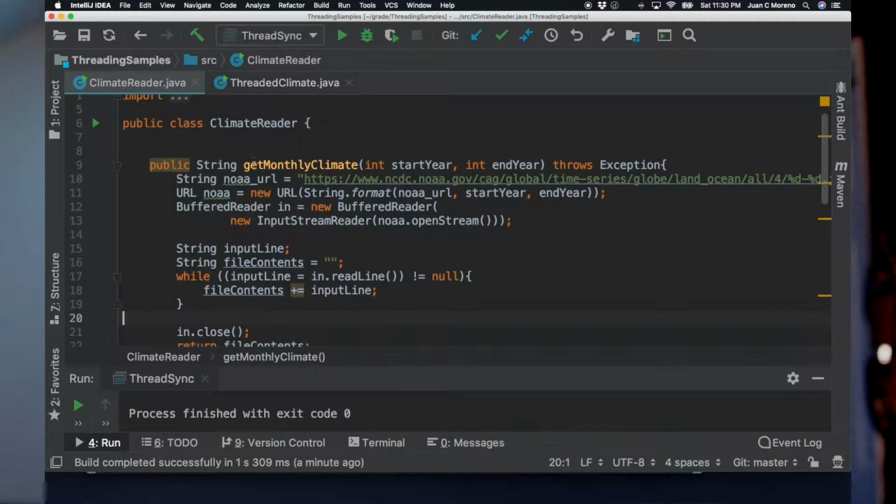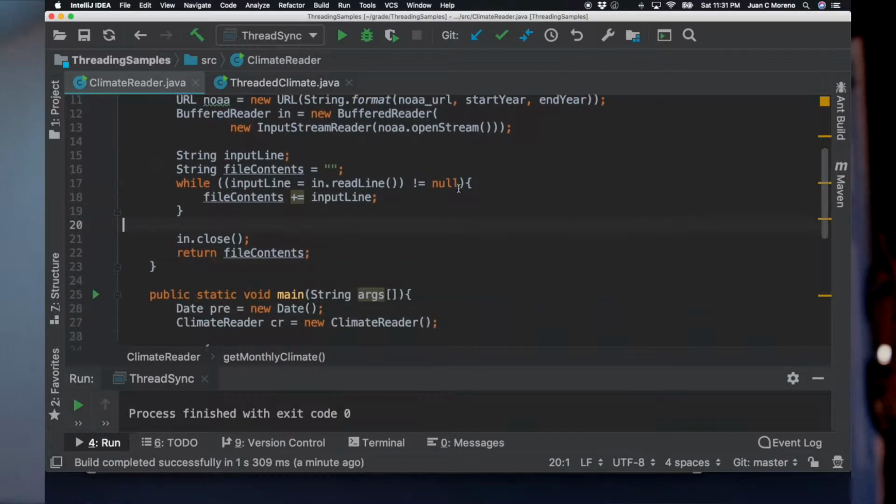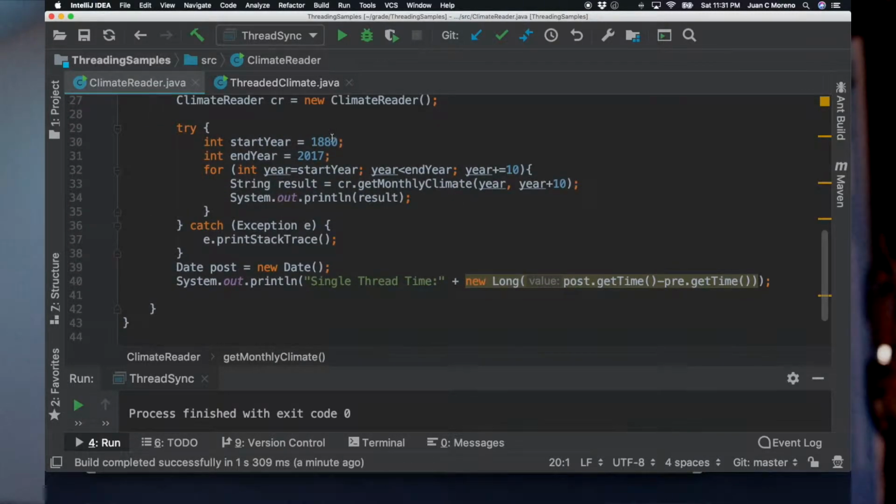This class is reading monthly temperatures from the NOAA, which measures the global temperatures. This code is going to try to read from 1880 to 2017.